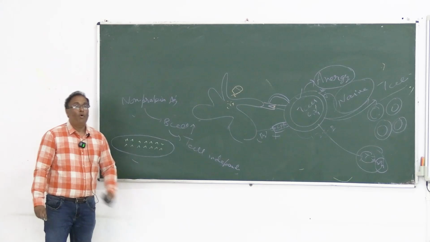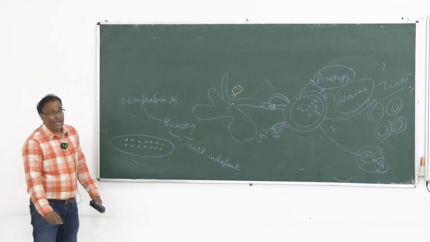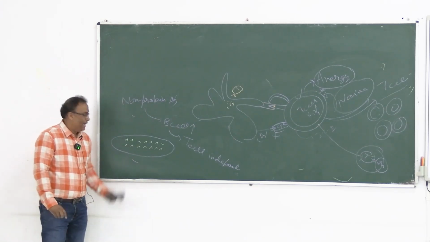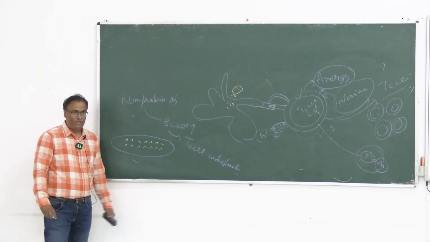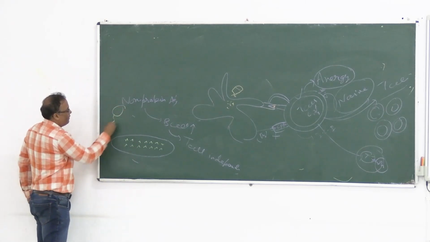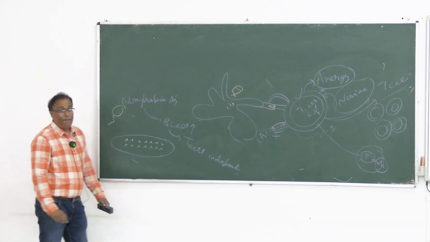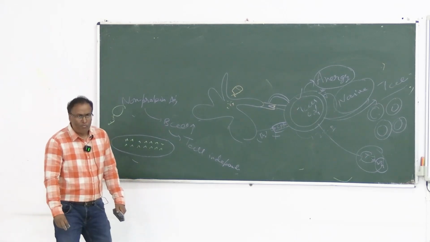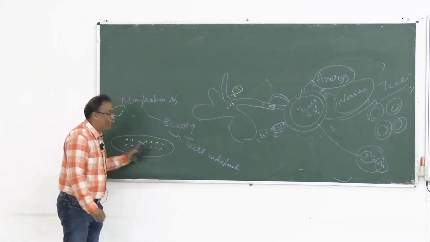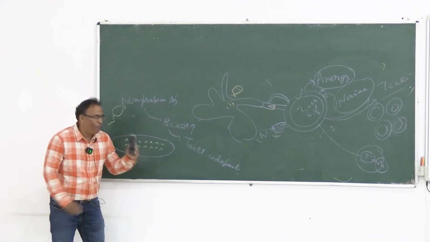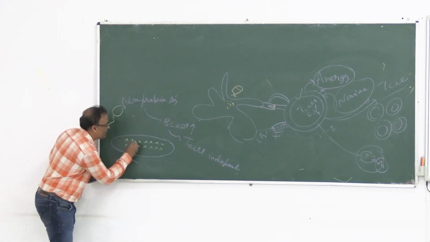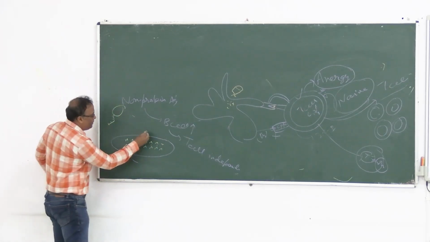So what is important in signal 1? That is clustering of B cells, attachment with the epitopes, right? Suppose there is a bacterium with flagella, so flagella have repetitive epitopes. What do you mean by epitopes? The antigenic part that is going on repeatedly, and then the B cell comes.